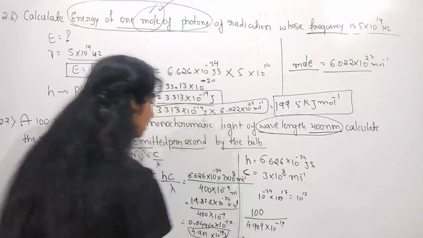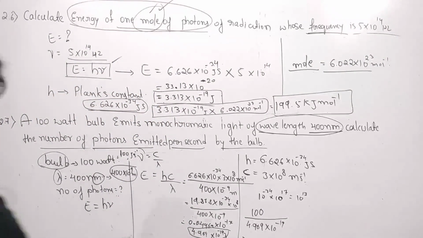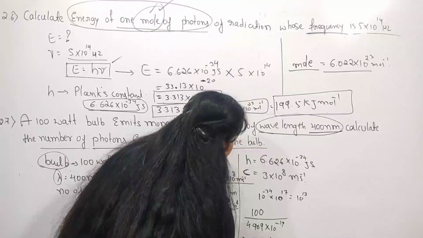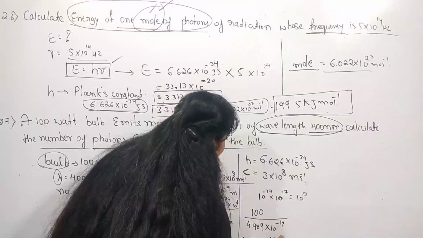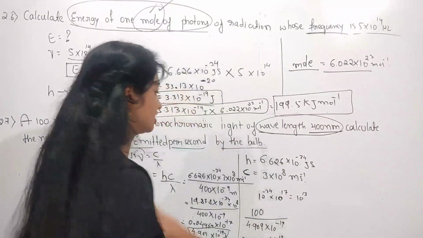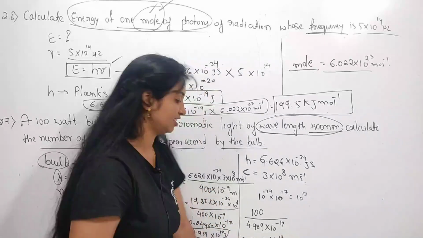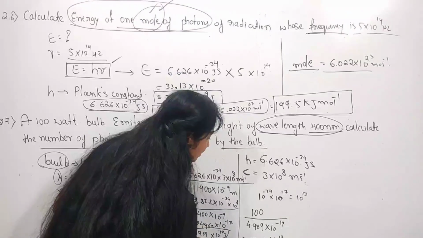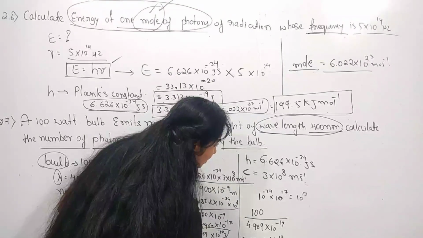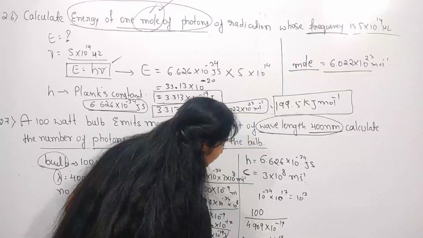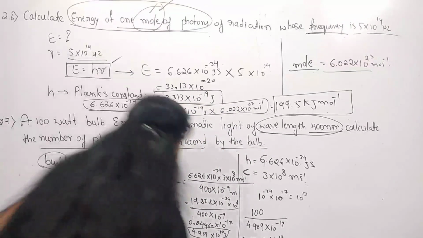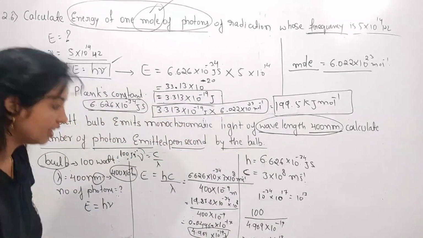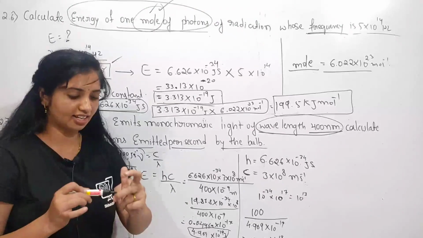Then what is the answer we got here? 20.12 into 10 raised to 19. It got the inverse, minus 19 becomes 10 raised to plus 19. Then I put the decimal point at the left side: 2.012 into 10 raised to 20 per second. So this many photons are provided by 100 joule per second energy.